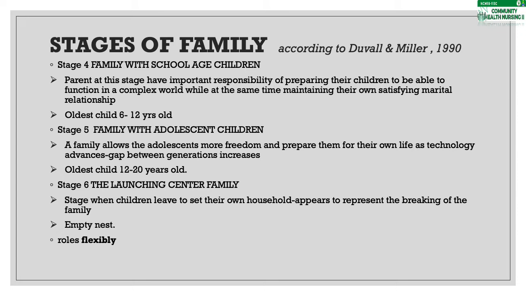So, we have the stage 5, family with adolescent children, nagbibinata na mga family. So, mga adolescents. Okay? Ang role sa parents ani is to prepare these adolescents for their own life, okay, for their own life.